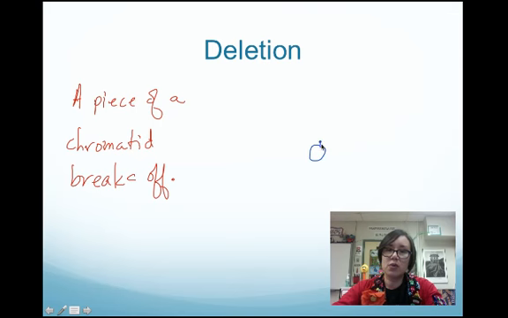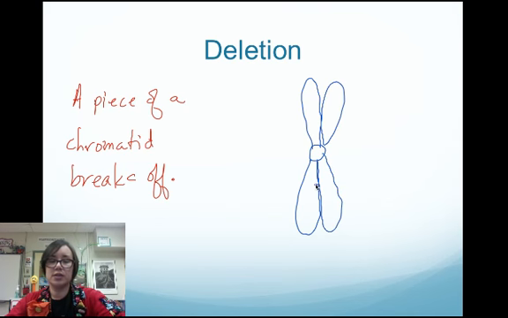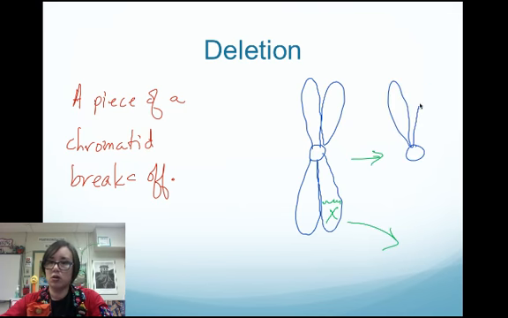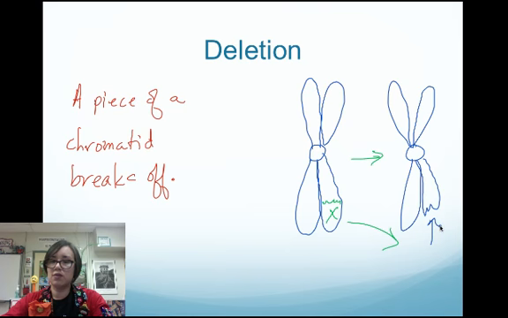If this is my chromosome, and you should be drawing these pictures on your papers as well, a piece, let's say this piece right here, breaks off so that we end up with a chromosome that now looks like this. So the genetic information that should be here has disappeared, or it's been deleted.